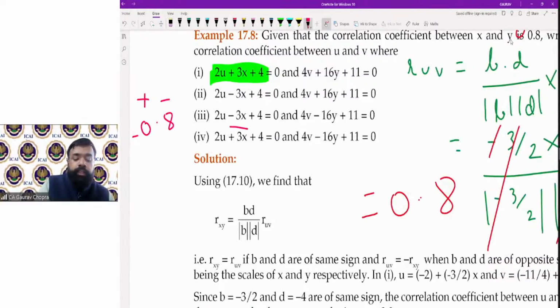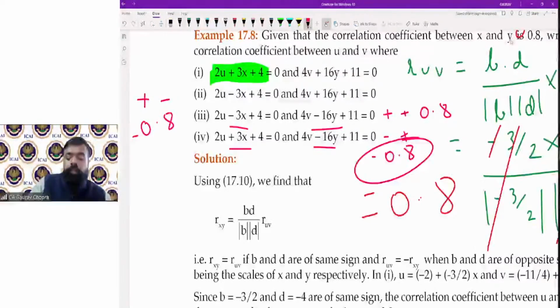इन थर्ड केस x बन जाएगा पॉजिटिव, y is also positive, positive and positive will give same result 0.8। फोर्थ केस में x will become negative, y will become positive, so different है, answer will be minus 0.8.